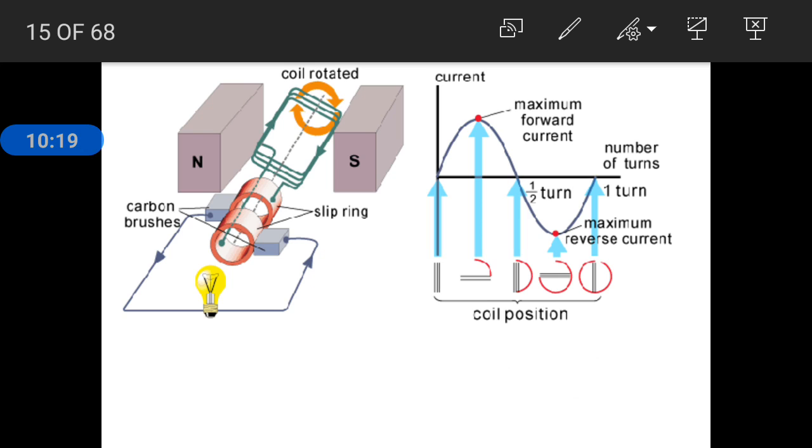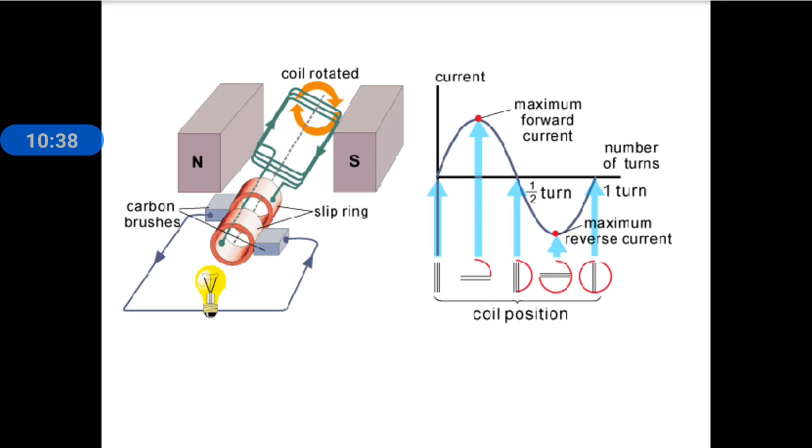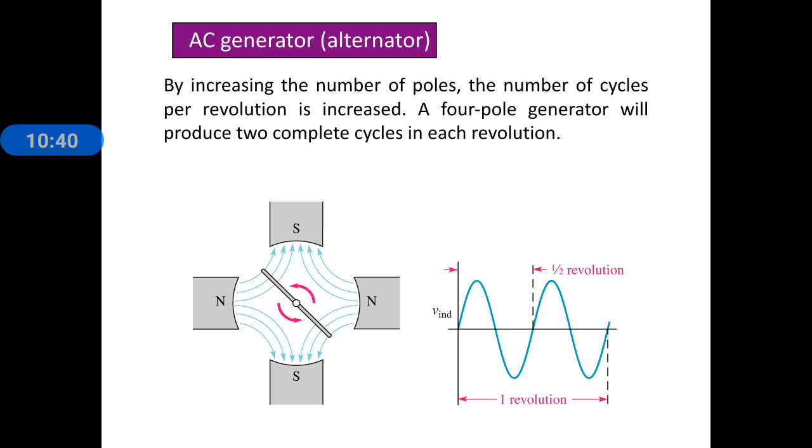In the earlier case, one rotation produces positive and negative values. This identical positive and negative part is called one cycle. So one pair of north pole and south pole produces one cycle. In this case, there are 2 pairs of poles.